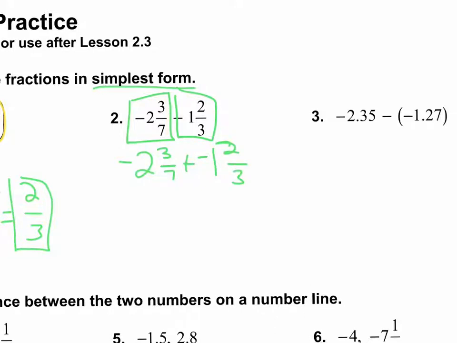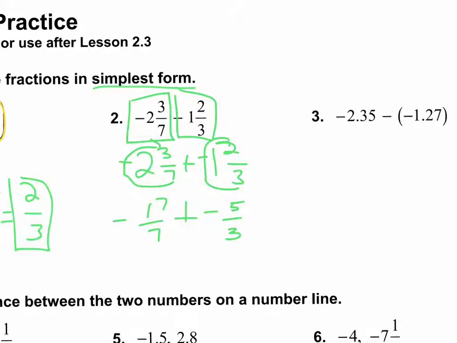Let's go ahead and make these improper. So 7 times 2 plus 3. 7 times 2 is 14 plus 3 is 17 sevenths, and that's negative, plus a negative 3 times 1 plus 2, which is 5/3. Now we want to get a common denominator. With 3 and 7, the closest thing is 21.